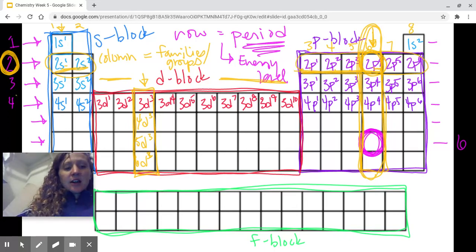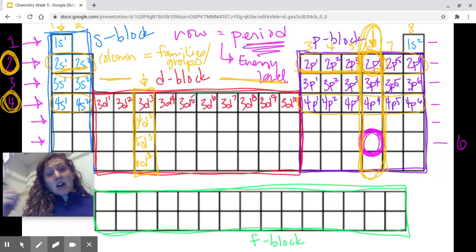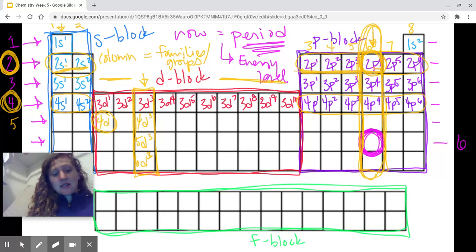The d's start in period 4. So in period 4, you have 4s, you have 4p, but notice you do not have 4d. So the d's are offset by 1. So in the 4th energy level, you're not going to find 4d, you're going to find 3d. In the 5th energy level, you're not going to find 5d, you're going to find 4d.